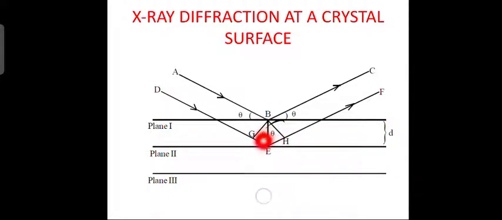BH is the perpendicular to this reflected light, that is EF. And this angle is theta. Similarly, the angle between the incident light and the reflected light is theta. Similarly, angle GBE is theta, angle HBE is theta. Okay. And what about the distance in between the planes? Let d be this distance in between the two parallel planes.